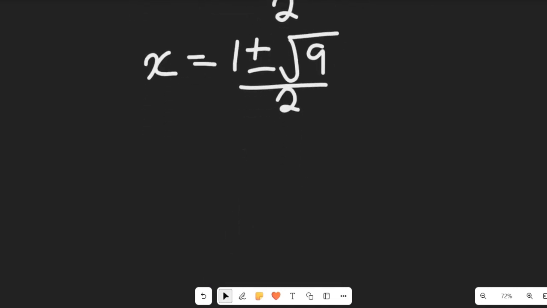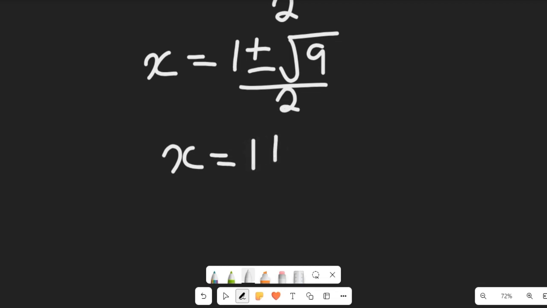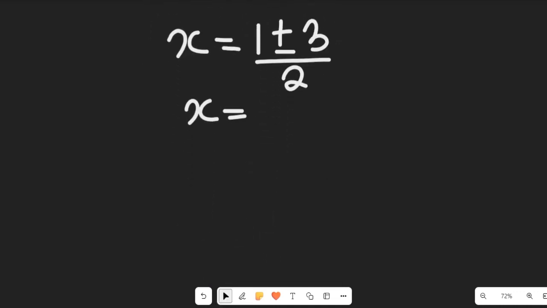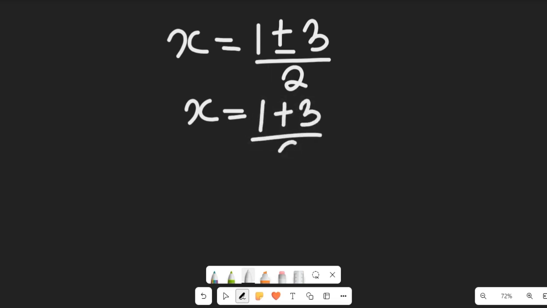The square root of 9 is 3, so x will be equal to 1 plus or minus 3, divided by 2. So our value of x will be equal to 1 plus 3 divided by 2, or 1 minus 3 divided by 2.